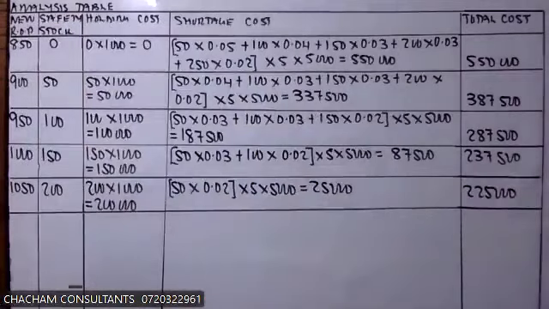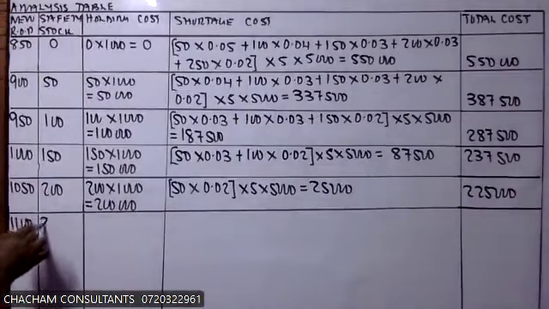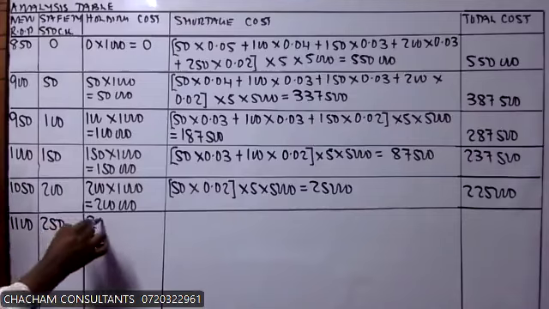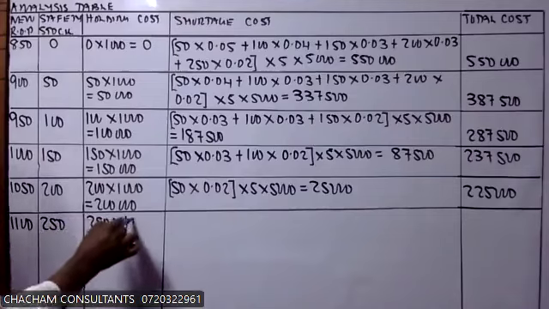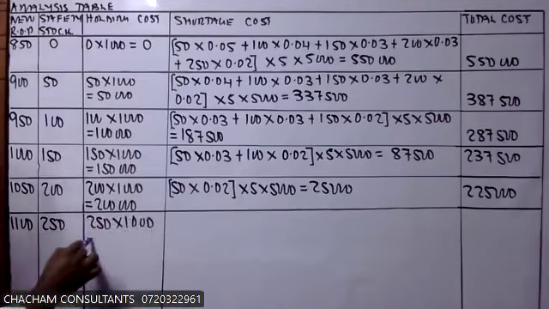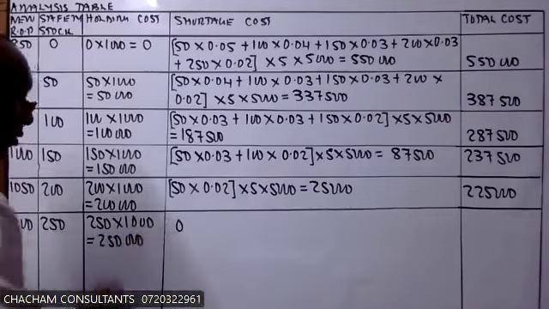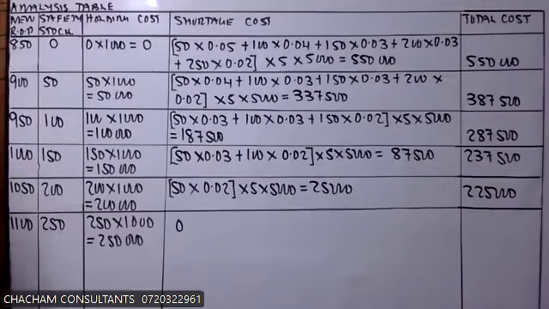The last point is at 1100. At 1100, you have a safety of 250. So this will be 250 times 1,000, and that gives us 250,000. When you are there, the shortage is only 0 because you have the maximum.